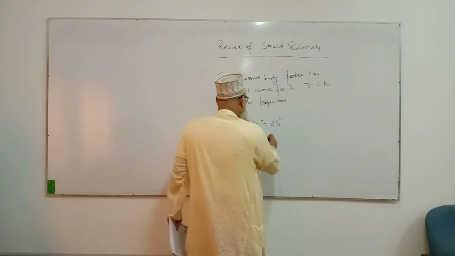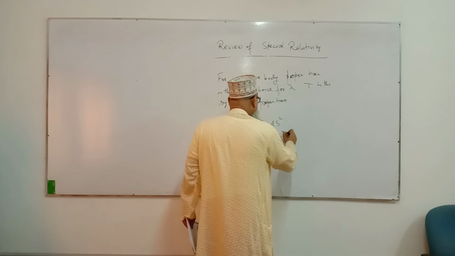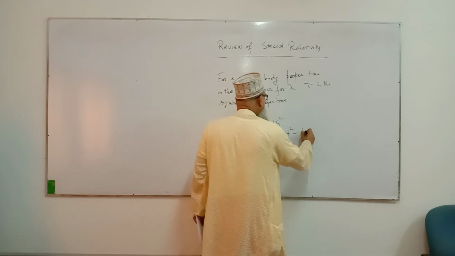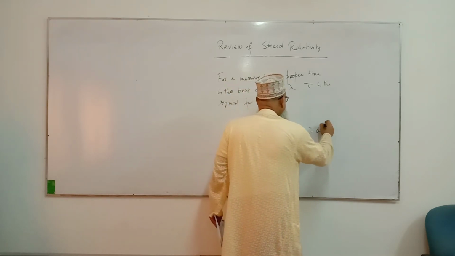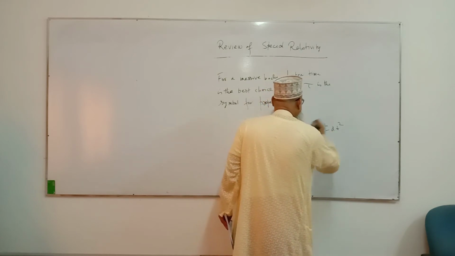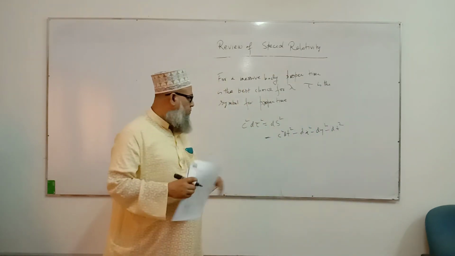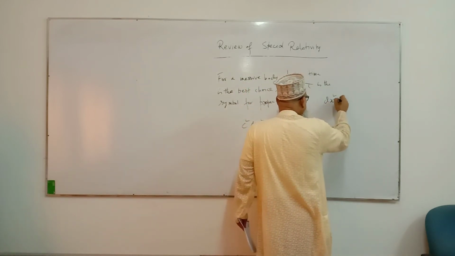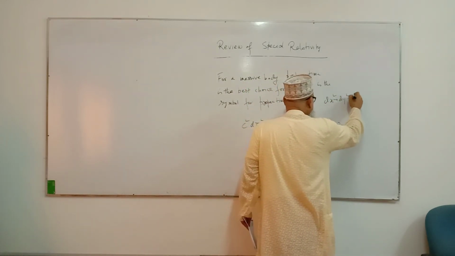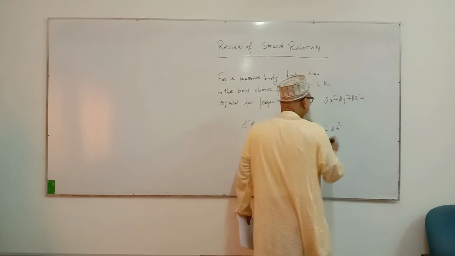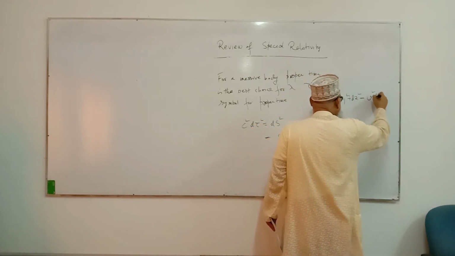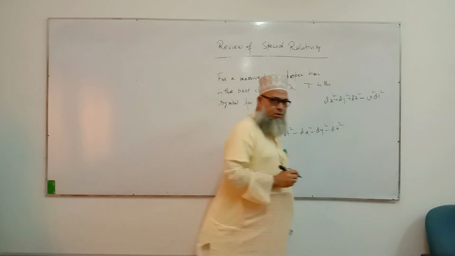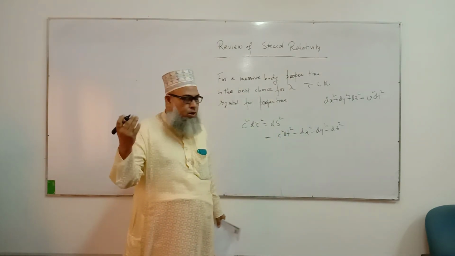Now ds squared can be written as c squared dt squared minus dx squared minus dy squared minus dz squared. If you have dx squared plus dy squared plus dz squared, it is v squared dt squared, right?